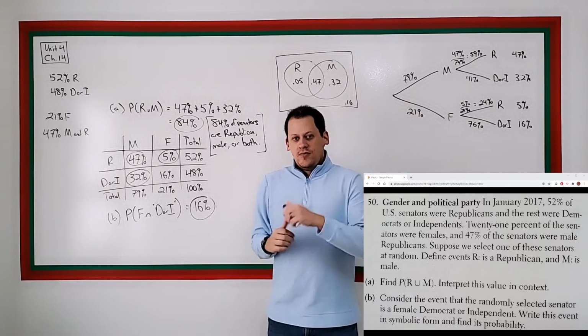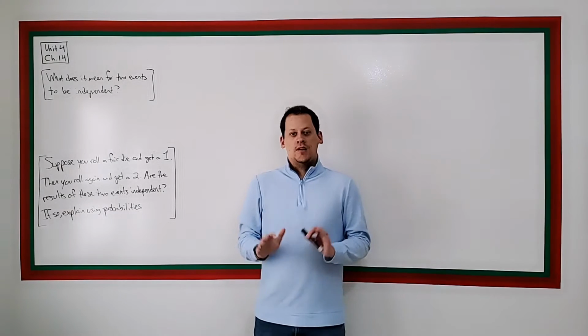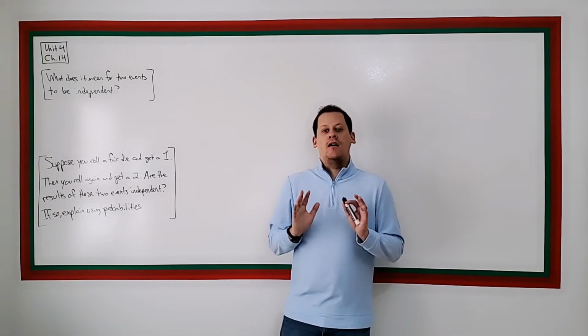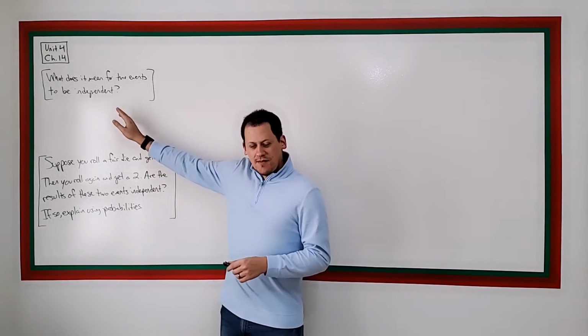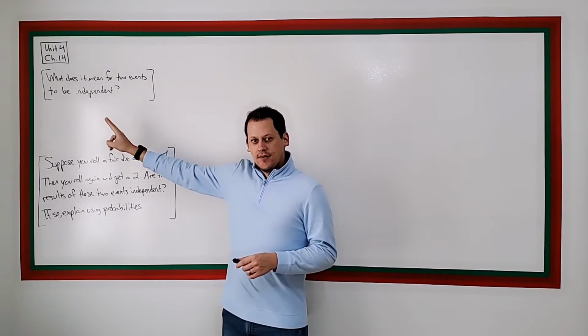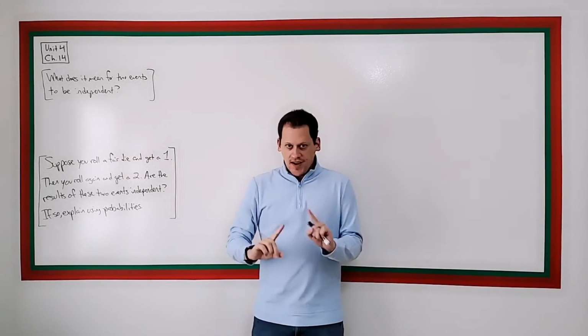So, let's change gears and talk about something else. Let's go back to the idea of independent events. What does it mean again for two events to be independent? That means they don't affect each other, right?